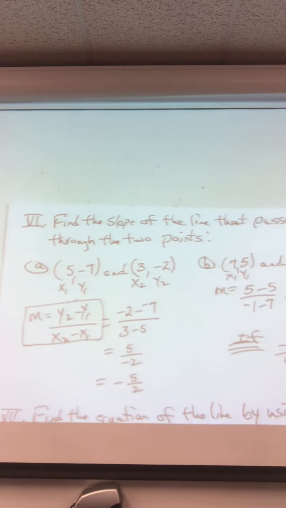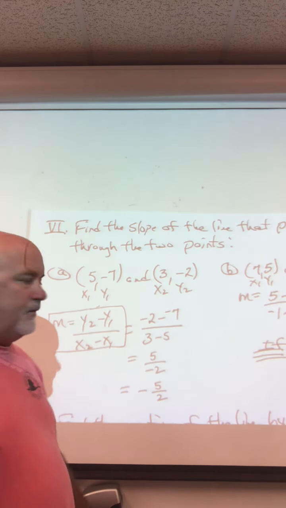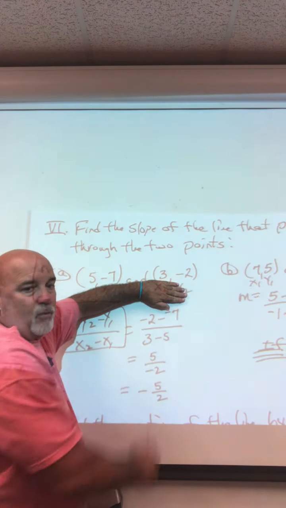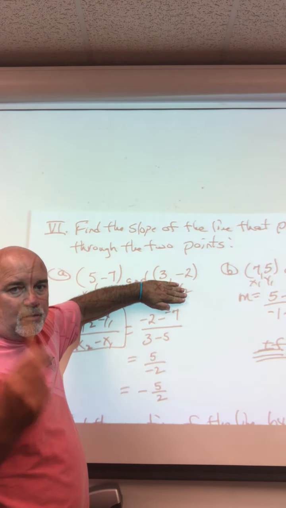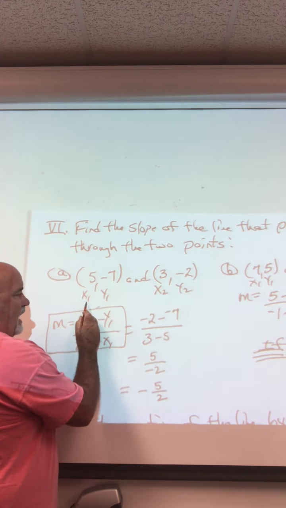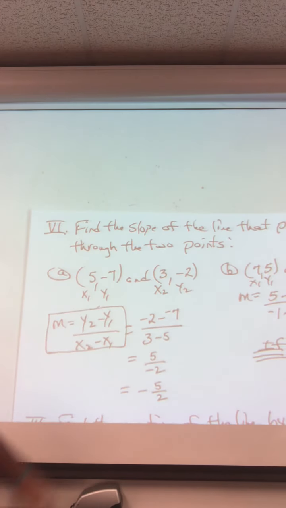Okay, next 2 examples work the same. I'm not going to labor very long here. To find the slope of a line, if you know 2 points, remember, you're only going to be given the 2 points. What you have to do is remember 2 things. Remember how to label x1 y1, first point, x2 y2, second point, and then your slope formula.